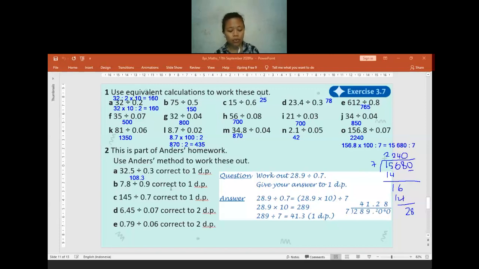After you get 2 decimal places, you have to round off the number into 1 decimal place. So now for the 7.8 divided by 0.9, if we make it into 2 decimal places, it's supposed to be 8.66, right? From the 8.66, we need to round it off into 1 decimal place. So it will be about 8.7.